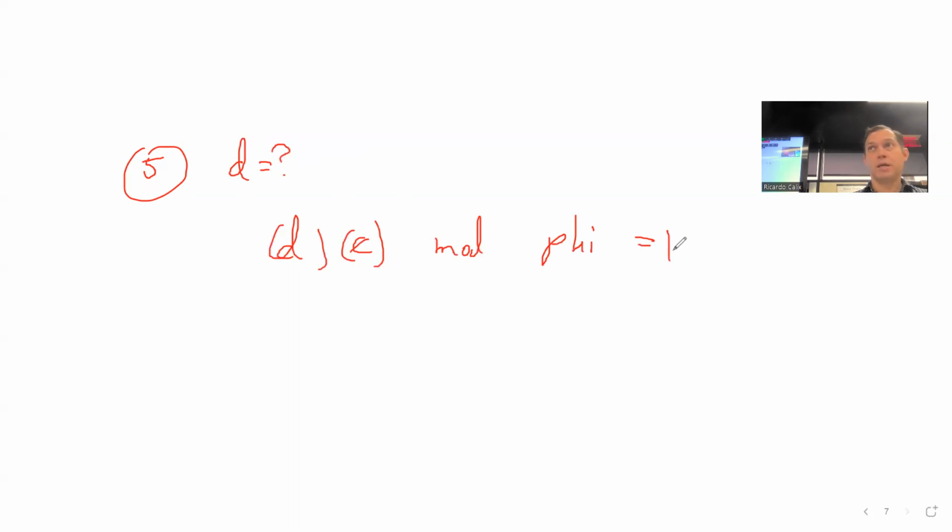D. Okay, so I'm going to do here D, E is 3 mod phi is, it's like 8, I think. 8, yeah. All right, and then equal to 1.